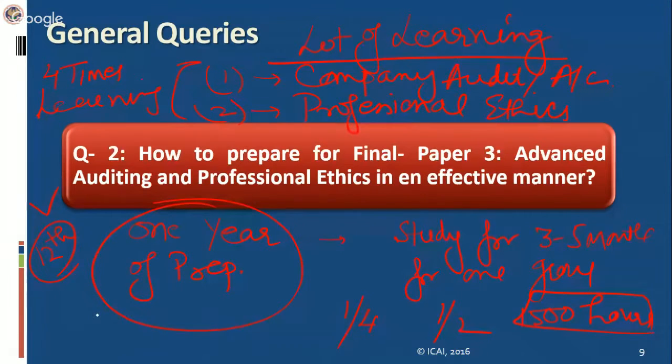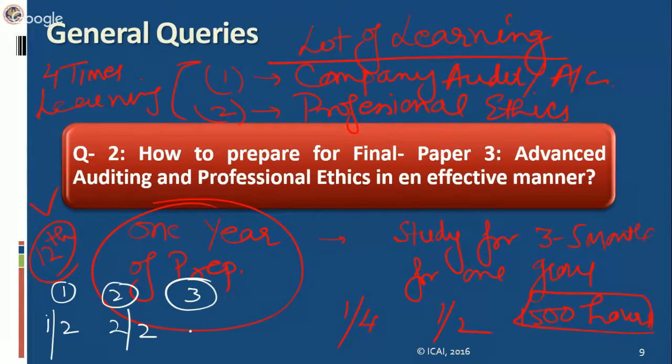How do you learn 4 times? Say if you learn section 139.1 on 1st February, that is one time. Second time you learn it on the very next day. Third time you learn after 1 week, say 9th of February.